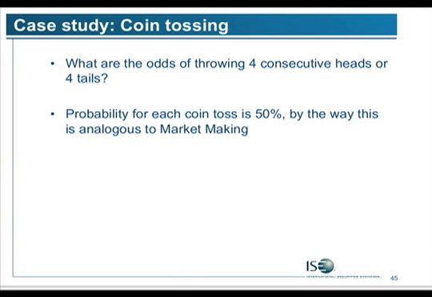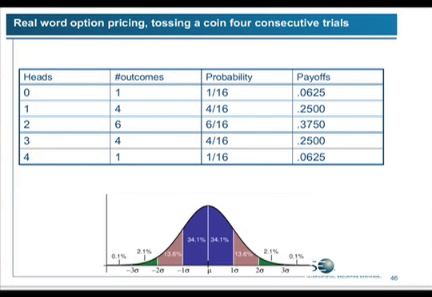Let me use an example of coin tossing, and I hope this hammers the point home of what a market maker does. It's a great metaphor. Because if you have a coin, it's a 50-50 probability, up or down. So if I said to all of you, what's the probability if I threw 4 heads, what's the likelihood of it?